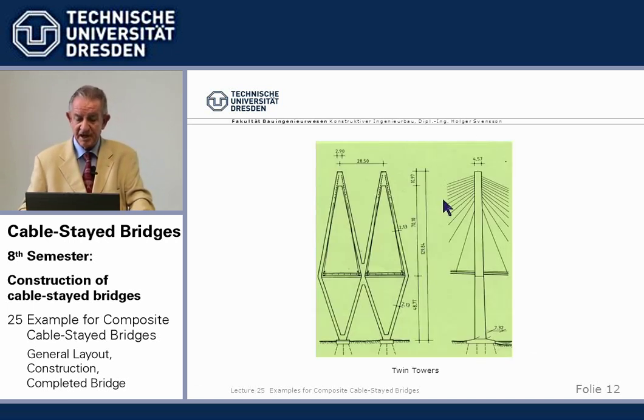The towers, I told you, form a truss in transverse direction. Wind from the cables and from the beam acting here goes down in tension and compression. That permitted us to narrow down the width of the towers to 7 feet.